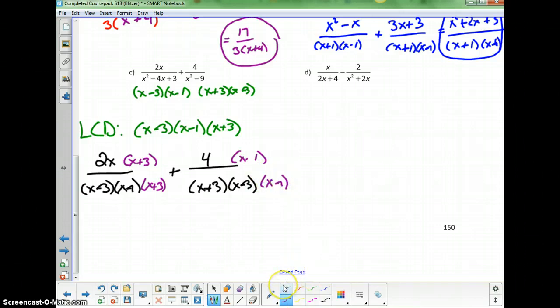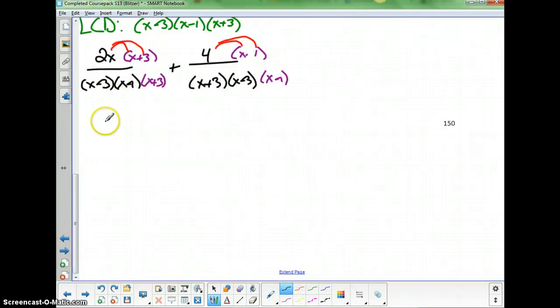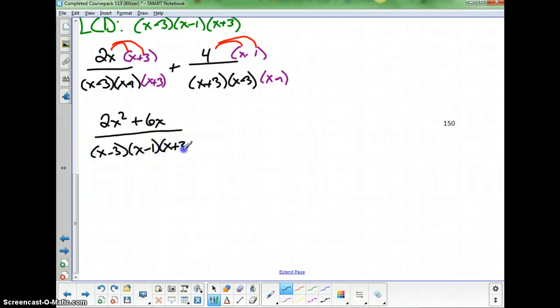Okay. Again, I'm going to distribute the tops so that I can figure out what my like terms are. But I'm going to leave the bottoms as they are because they're already common. So we've got 2x squared plus 6x over x minus 3, x minus 1, x plus 3, plus 4x minus 4 over x plus 3, x minus 3, x minus 1.